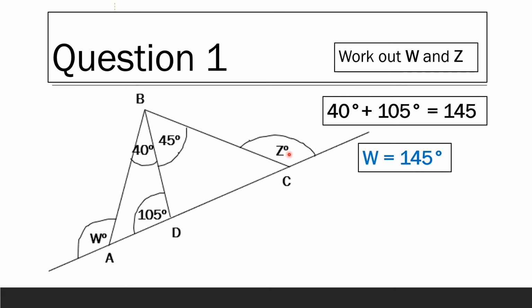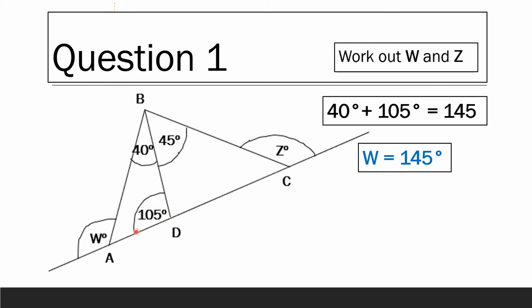Let's find out what is Z. So in order to find out what is Z, we need to find out its two interior opposite angles, which happens to be this one and this one. So we already know the size of this angle, which is 45 degrees, and we need to find out the size of this angle. And we can do so by the help of this 105 degrees.